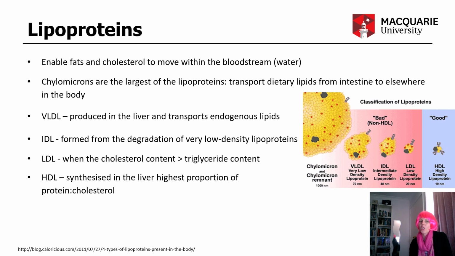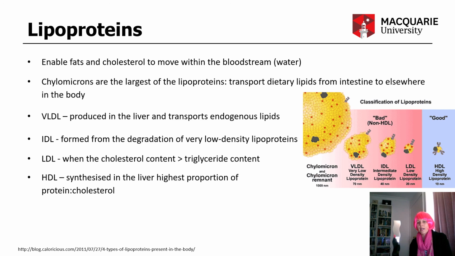We do have a good lipoprotein, so this is HDL, so high density lipoprotein, and I think of the H as standing for happy because we're happy if we have a lot of HDLs, and these are synthesized in the liver, and these differ from the other lipoproteins because they have a higher proportion of protein to cholesterol. So there's more protein to cholesterol than in those other lipoproteins that we've discussed.